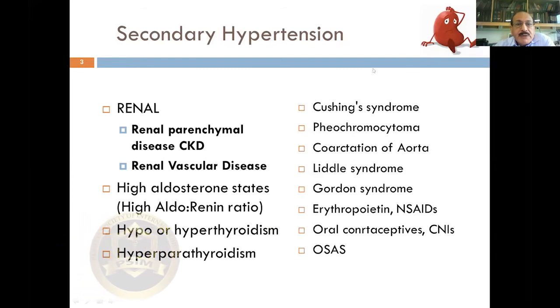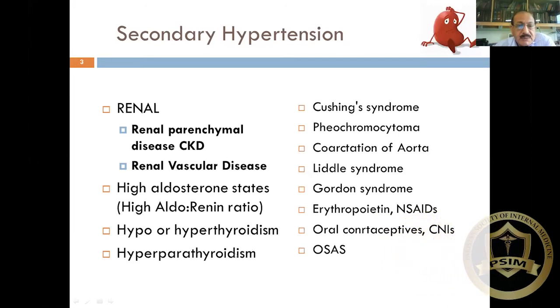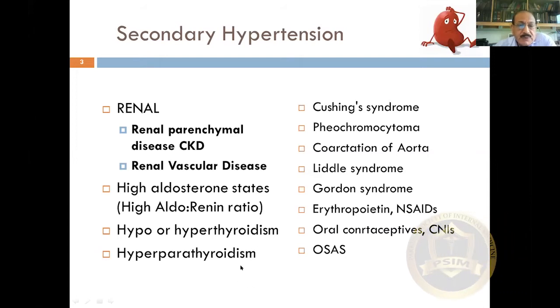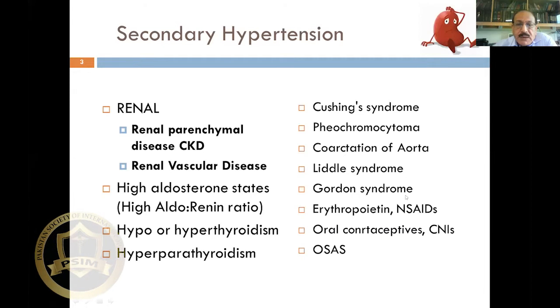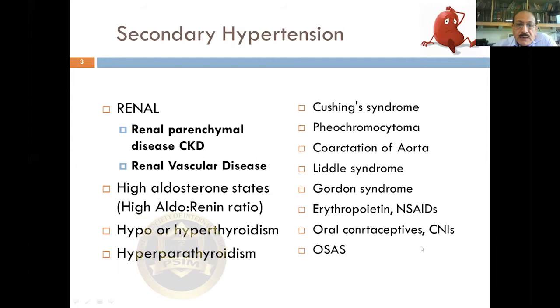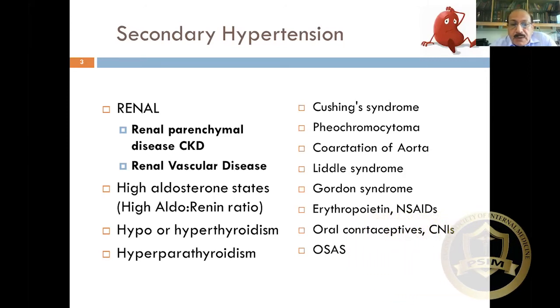Now, coming to secondary hypertension, there are a lot of causes: high aldosterone states, hypothyroidism, hyperthyroidism, hyperparathyroidism because of increased calcium and increased cytosolic calcium, which causes vasoconstriction, and the blood vessel walls, the way Dr. Schultz has described the role of the blood vessel, Cushing syndrome, pheochromocytoma, congenital coarctation of aorta, certain genetic syndromes in the kidney, and then a few drugs like erythropoietin and non-steroidals, which take away the vasodilatory prostaglandins and cause hypertension and unopposed vasoconstriction, particularly in the renal bed.